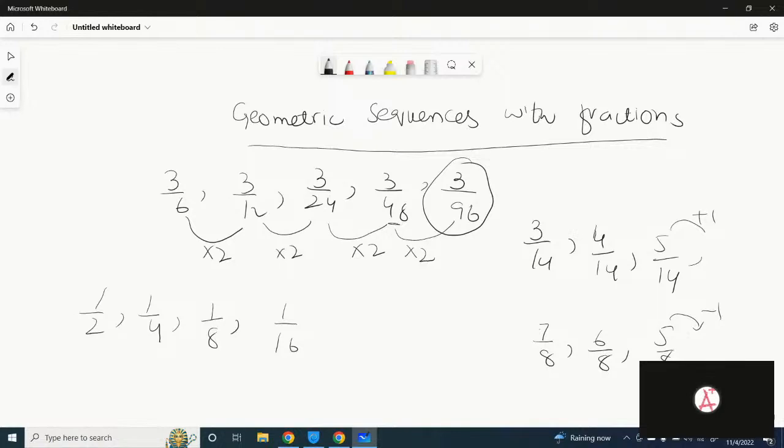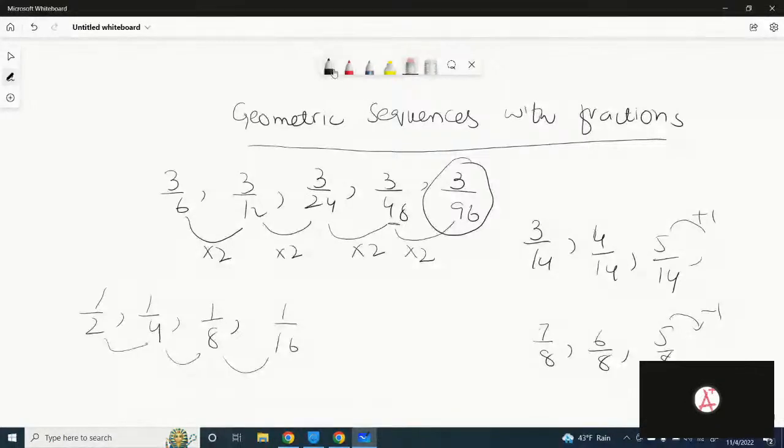Okay, good. The next example is 1 by 2, 1 by 4, 1 by 8, 1 by 16. If you try to add, they have different numbers, like 2 plus 2 is 4, 4 plus 4 is 8. You can try adding and subtracting, but each time the difference is not the same. That means they are multiplying by the same number: 2 times 2 is 4, 4 times 2 is 8, and 8 times 2 is 16.